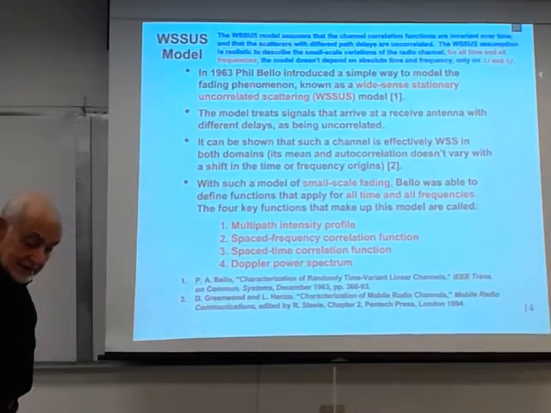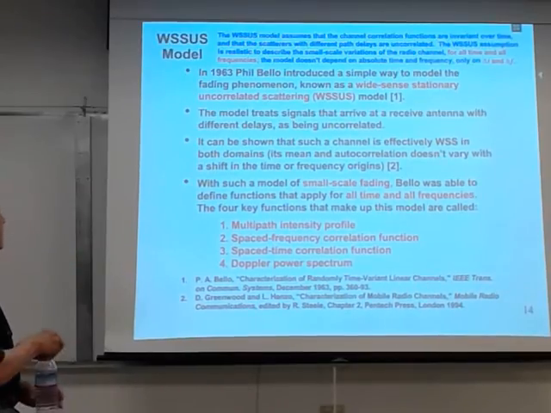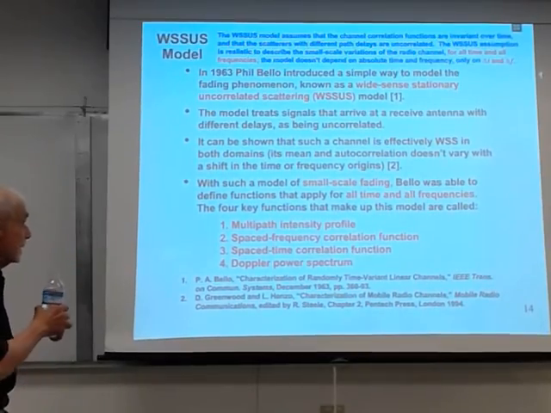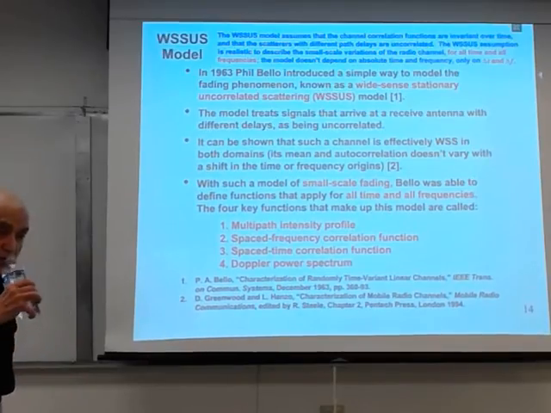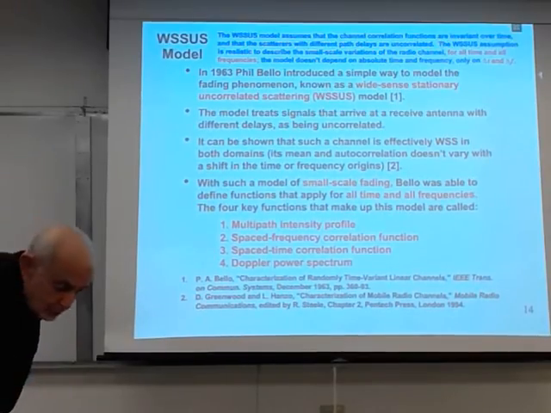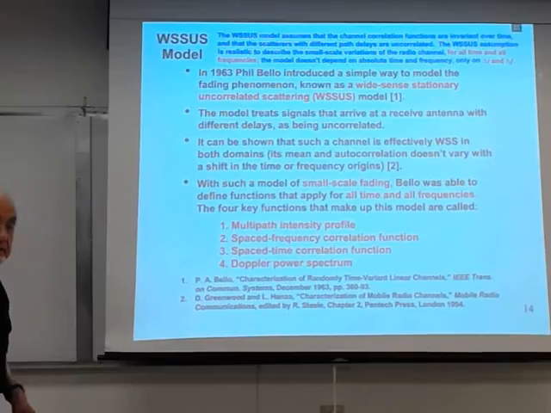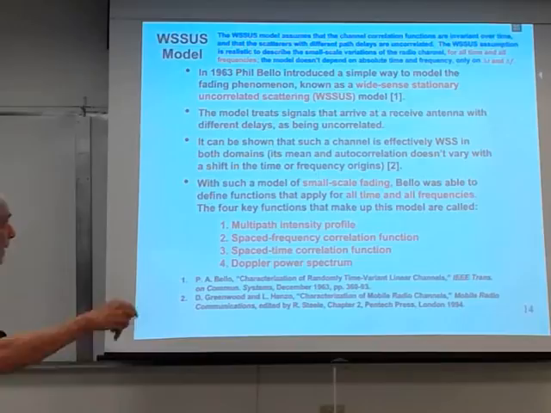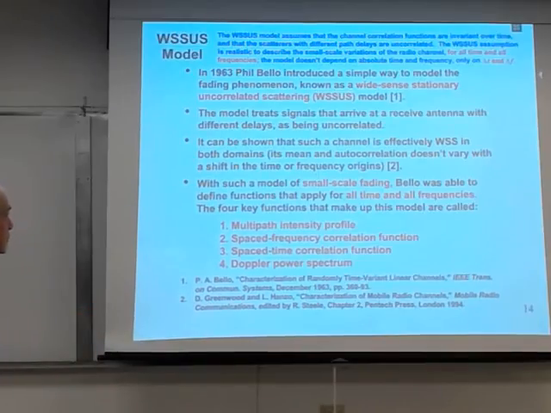Now, in 1963, it was Phil Bello, whose name doesn't have the kind of familiarity it deserves. But he's the one who first introduced the idea of what is today the WSSUS model. The WSSUS model stands for the Wide Sense Stationary Uncorrelated Scattering Model.